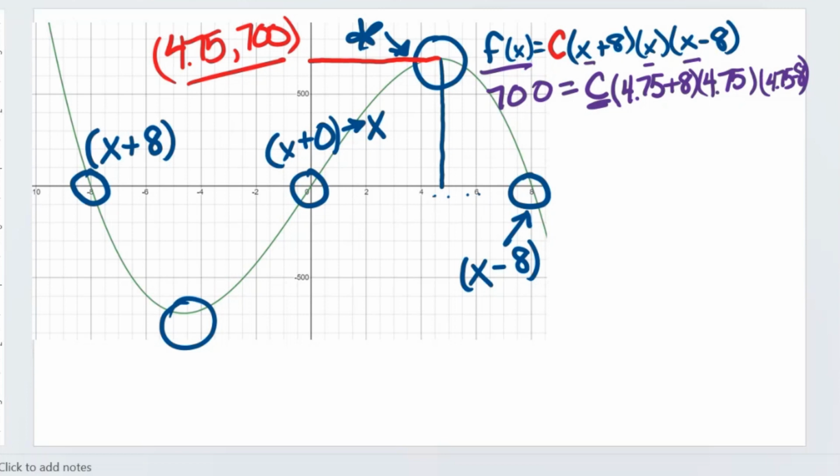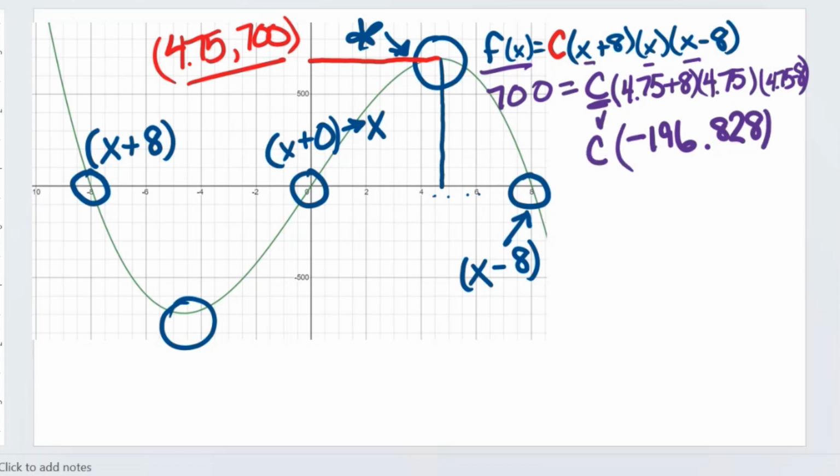And I get the answer of negative 196.828. It does continue to go on, but again, because I'm estimating already with that 4.75, I'm just going to go one extra decimal place.